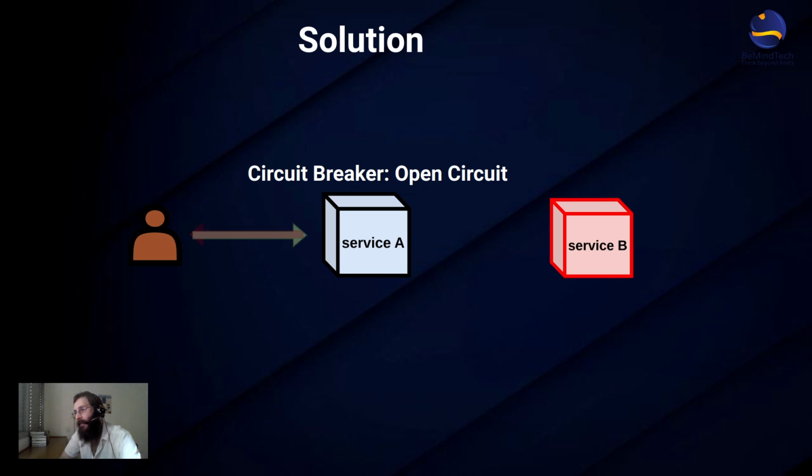After that, after some time of not sending requests to service B, service A starts to send some requests in a short period of time to service B to test if it still has instability or if service B started to work normally. And this status is called half open.